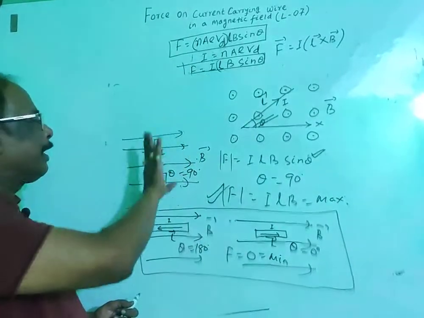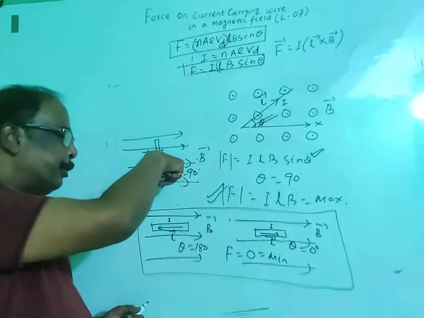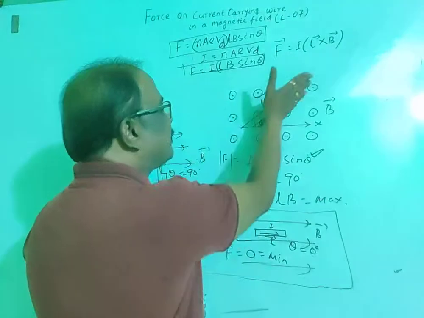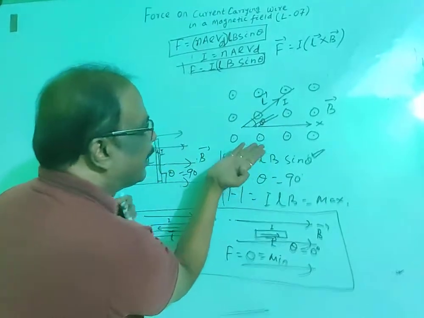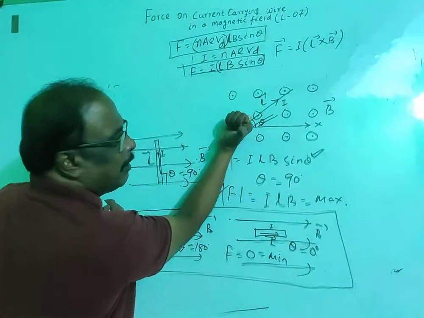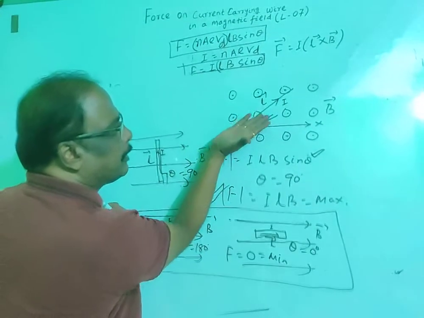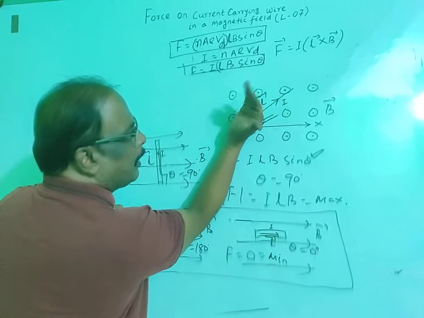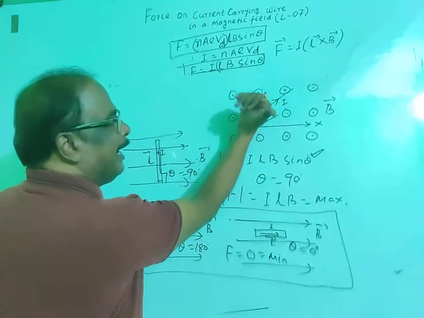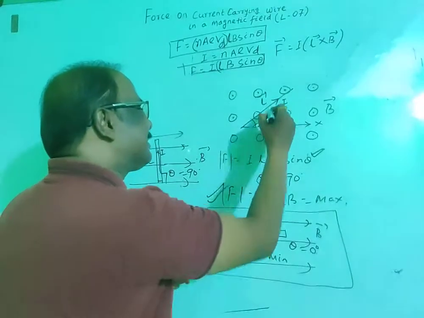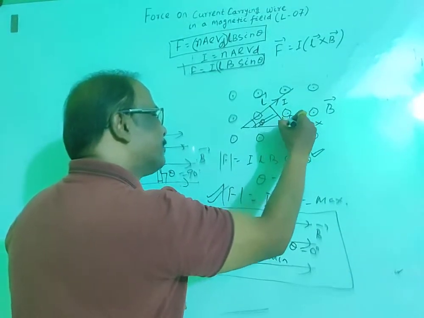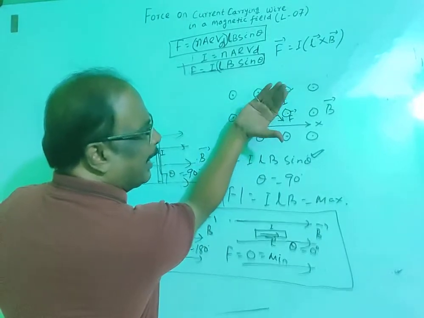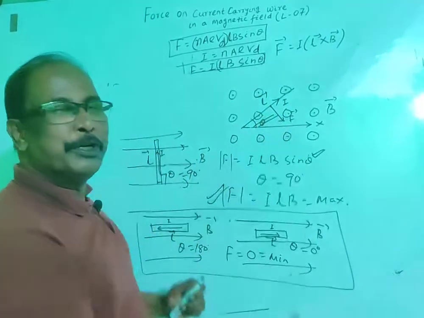Here in this case, this is the direction of length, and this is the direction of magnetic field, outward. L cross B means force is in this direction, downward. This is L, and the magnetic field is outward, L cross B, force is downward.